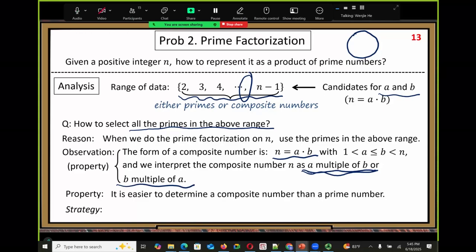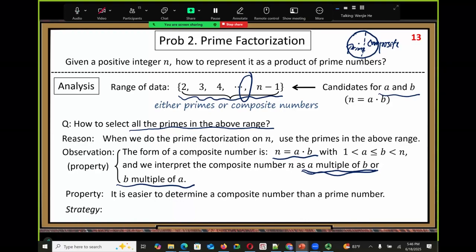In this circle, all the data can be divided into two different categories. One category is the prime category. The second is the composite number category. These two types of numbers are complementary to each other.